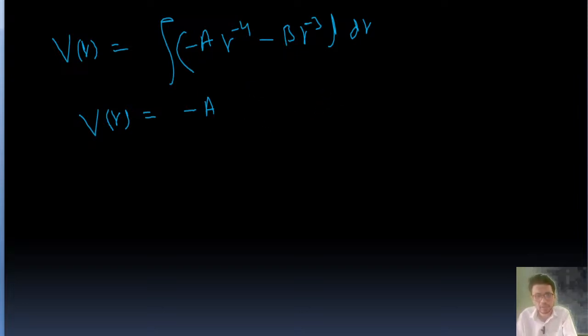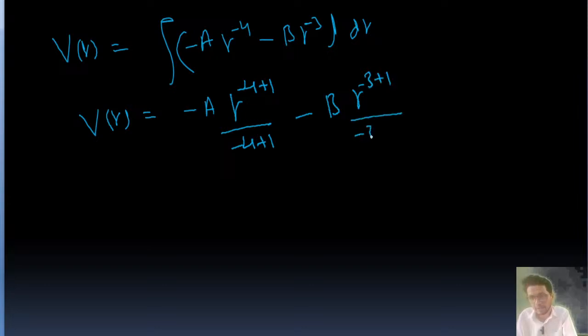So this is going to be minus a r to the power minus 4 plus 1 upon minus 4 plus 1, minus b r to the power minus 3 plus 1 upon minus 3 plus 1.